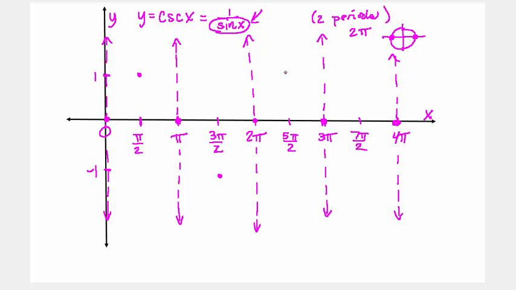The pattern just continues. So I'll follow it to get our points plotted. And then remember, with a dashed curve, I'd like now to draw the sine parent function, because this will help us construct our cosecant function, which is 1 over that sine function.